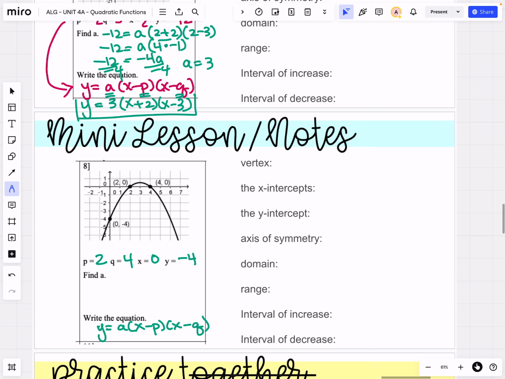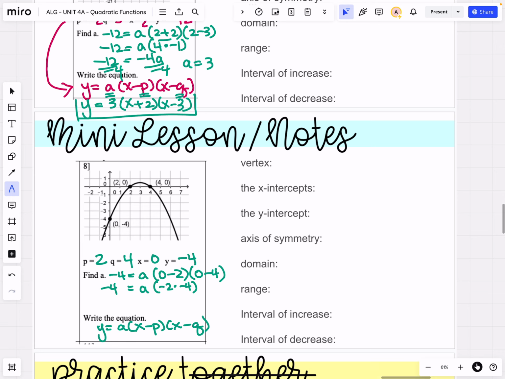Plug in everything except for a, so y is negative 4 equals, keep that a, x is 0 minus p, and x is 0 minus q. All right, so we get negative 4 is equal to a times negative 2 times negative 4.